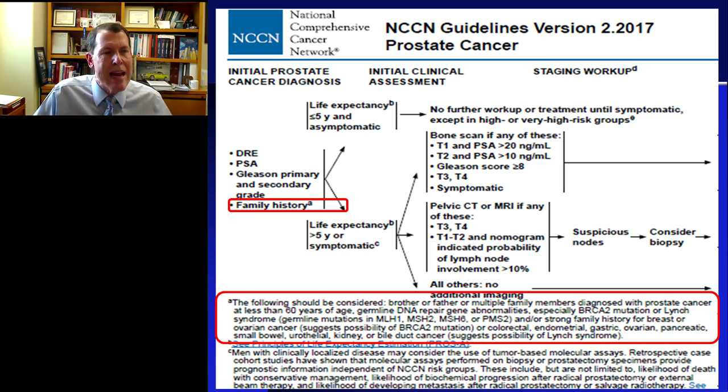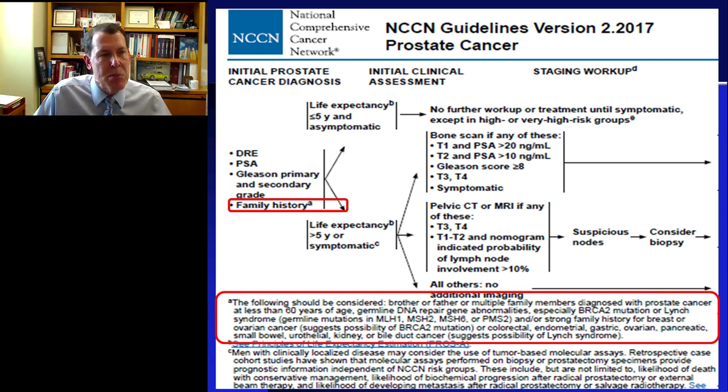Those patients might have a germline DNA repair gene abnormality, especially a BRCA2 mutation, or they could have Lynch syndrome, which would be germline mutations in some of the mismatch repair genes.